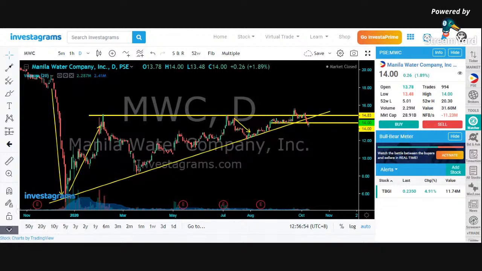there's a big opportunity that these blue chip companies, the 30 companies, will go up also, like Jollibee, San Miguel Corporation, Pure Gold, Megaworld, SM Group, PLDT, Ayala Land. These are the big companies in the Philippines.